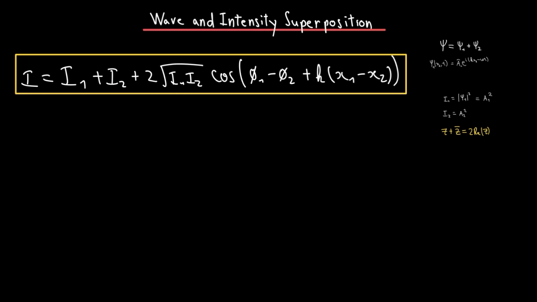And we can clearly see that the intensity of the two waves is not the sum of the intensity of each wave. So I is not equal to I1 plus I2, because we have this extra term over here, which can be either positive or negative. Indeed, cosine can take values that range between -1 and 1.